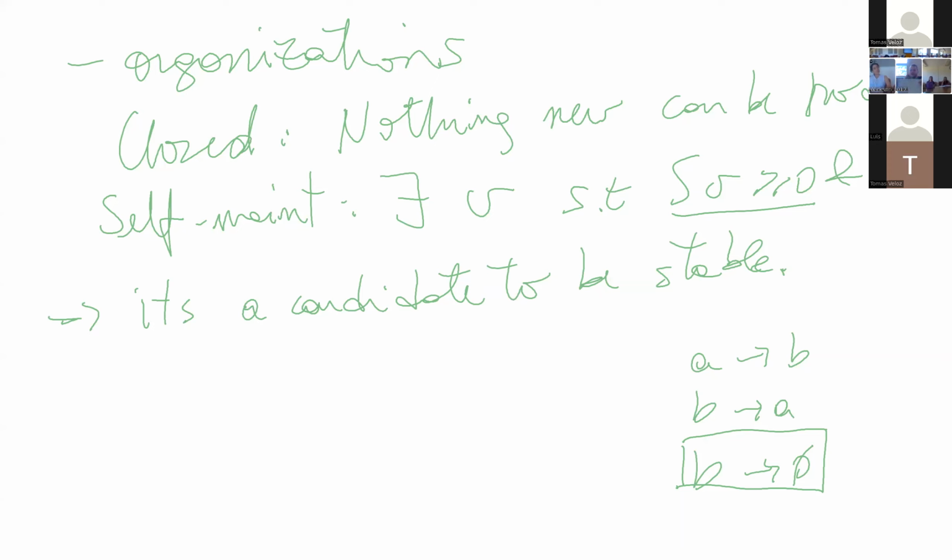Yeah, but then I'm still confused because if you don't allow the third reaction to happen, that means you are in V larger or equal to 0.